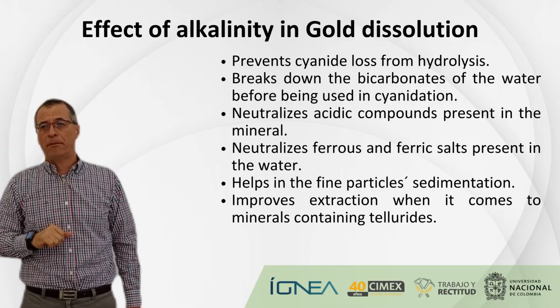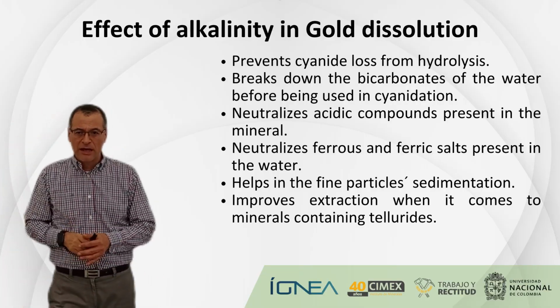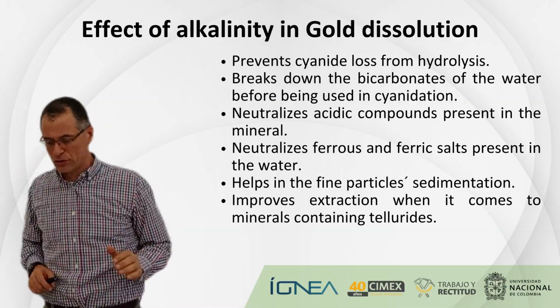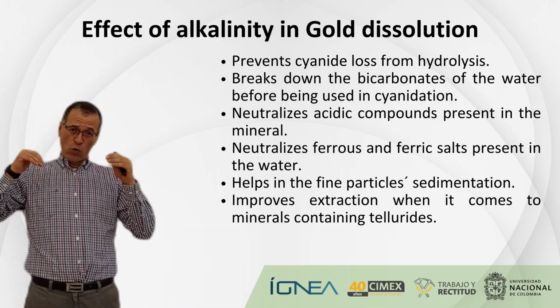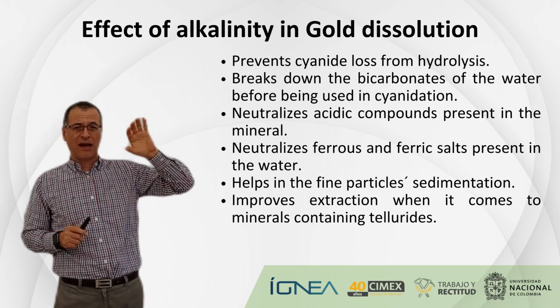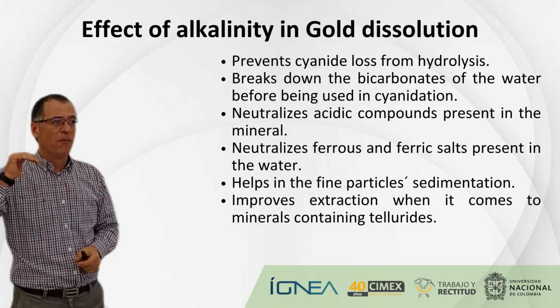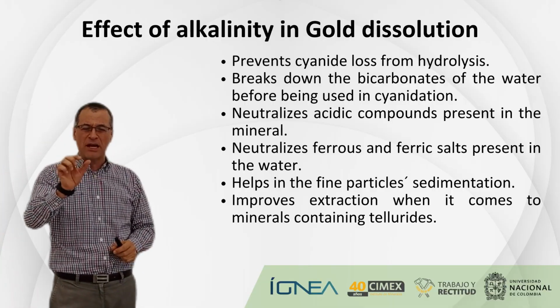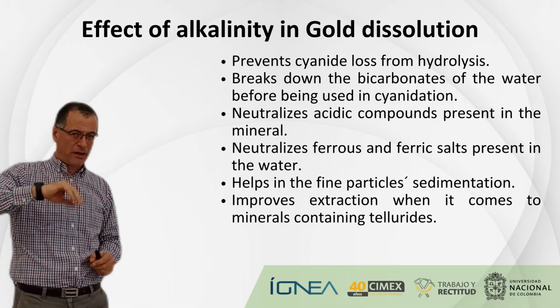Okay, and the fifth parameter that is important to consider is the alkalinity of the solution. When you are going to work with cyanide, you need to work in an alkaline solution. Alkaline means a pH close to 11. Okay?